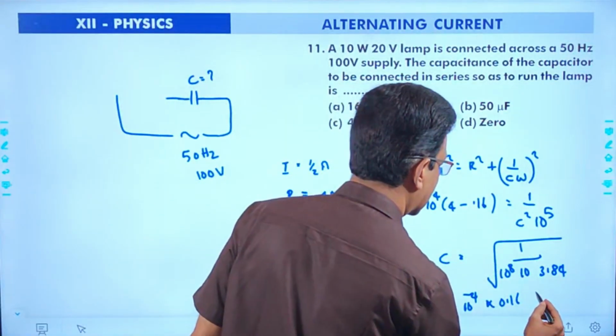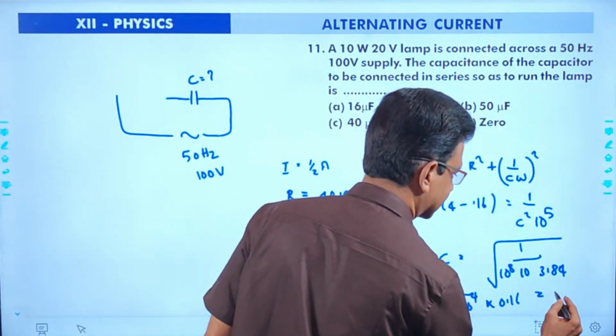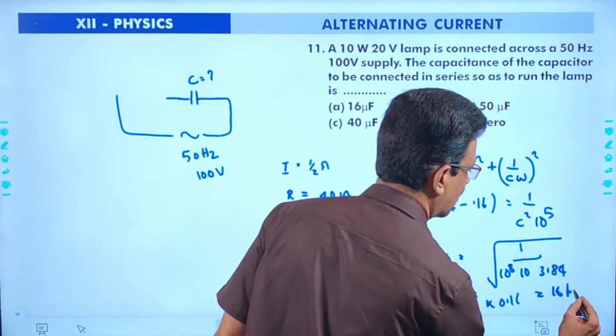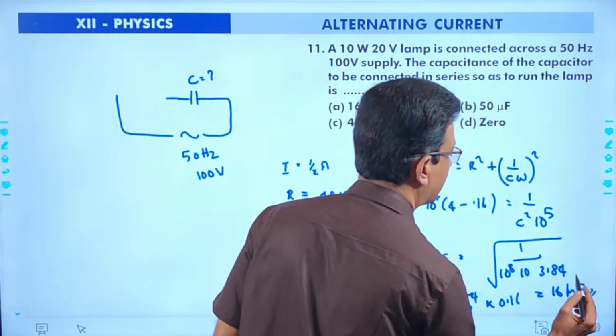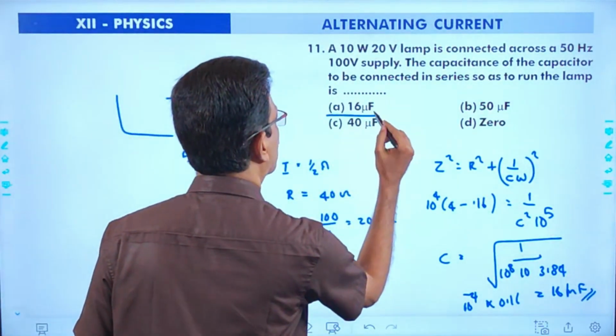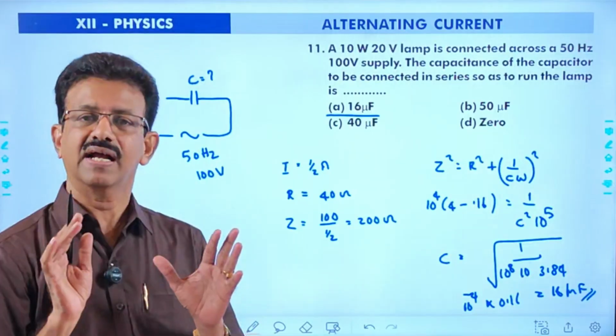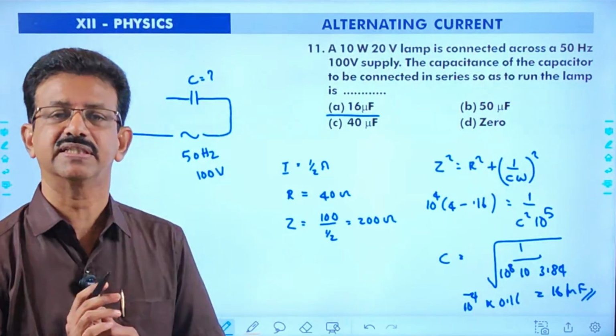Then the correct answer is 16 into 10 raised to minus 6, that is 16 microfarad is the capacitance of the capacitor. Therefore, the correct choice is A. 16 microfarad is the correct answer.